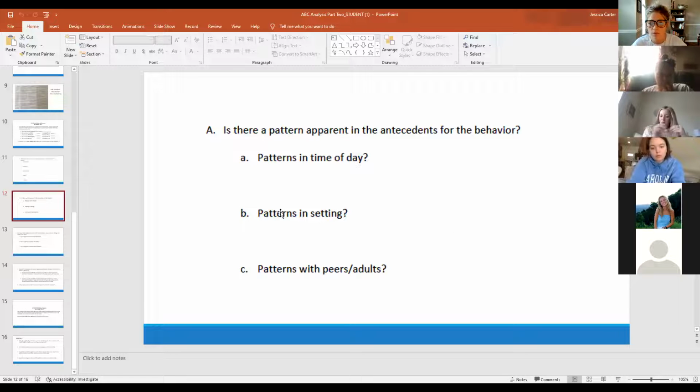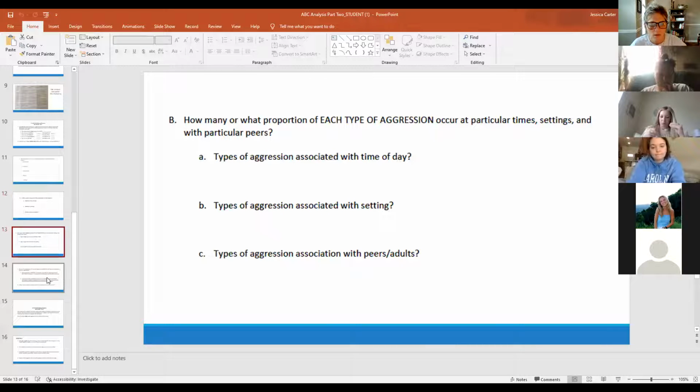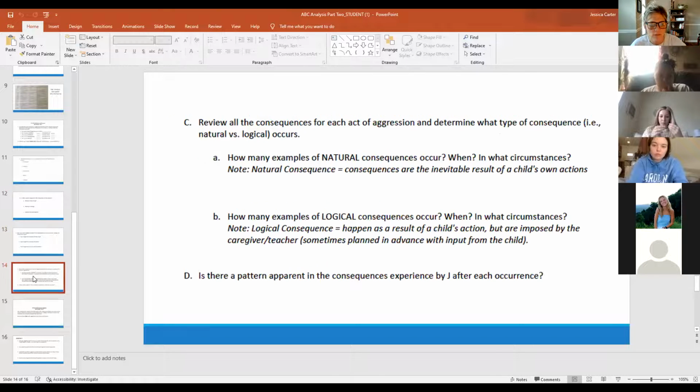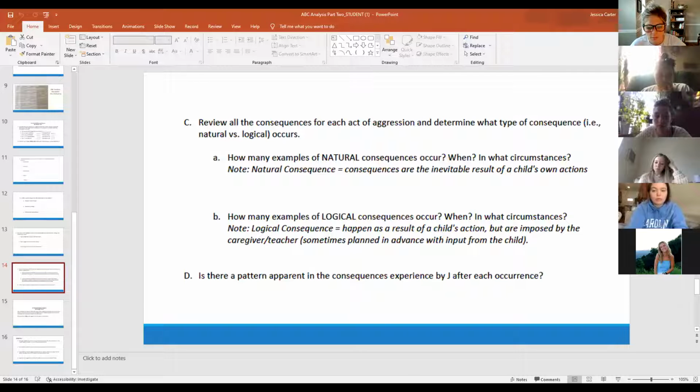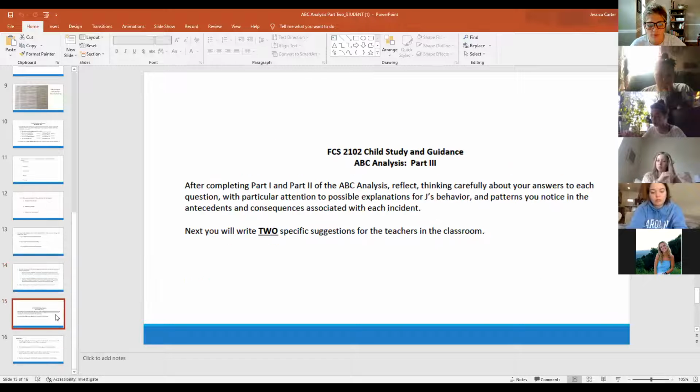And so understanding that part of the pattern can be helpful in helping us determine what we do next. And so these are all coming from the document that you're supposed to complete.